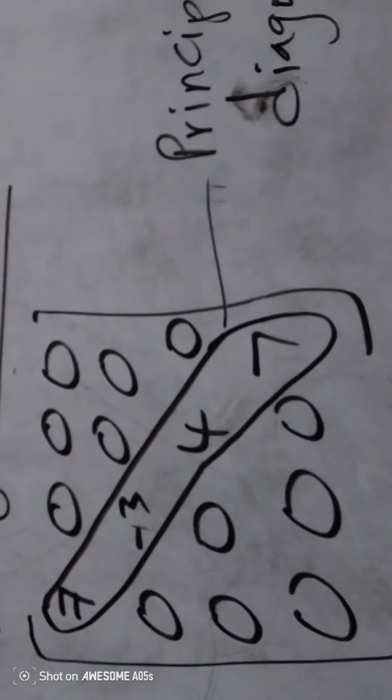So that is about a diagonal matrix. From this diagonal matrix, we come to the last one, which we call an identity matrix. Number 10, identity matrix.